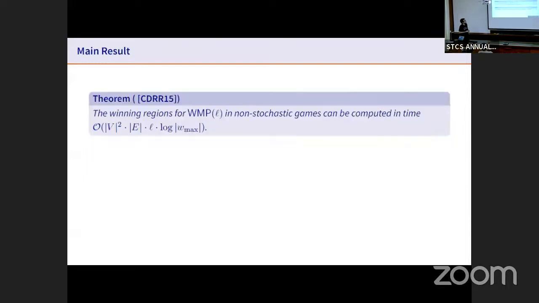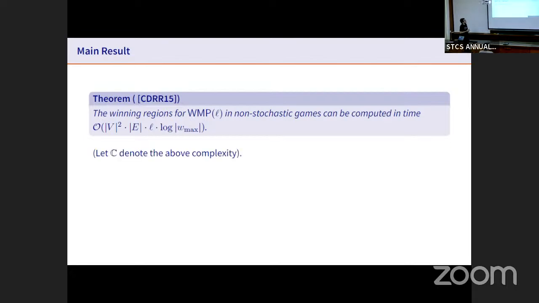Okay. All right. So this is the result we had for non-stochastic games. If you want to compute the winning regions for players in non-stochastic games, it can be done in polynomial time in the size of the input, as long as you're given the window length in unary.